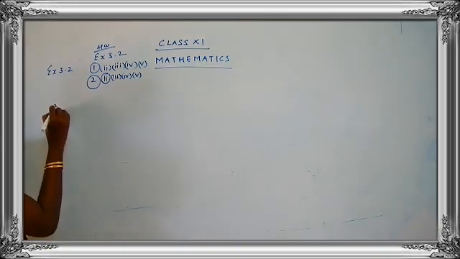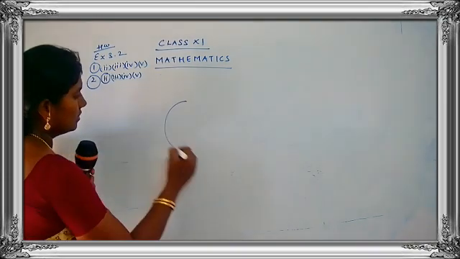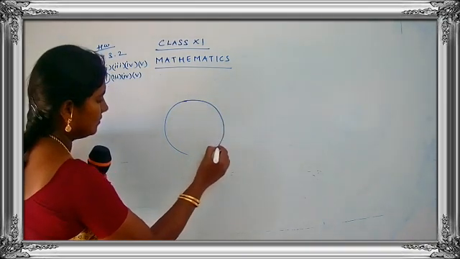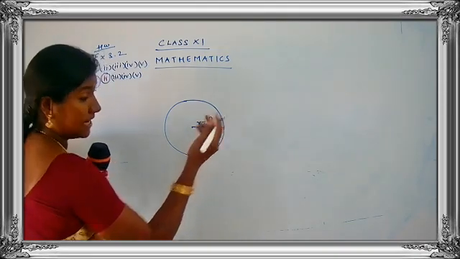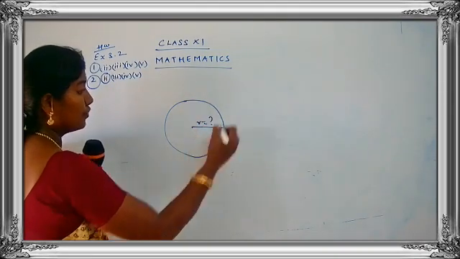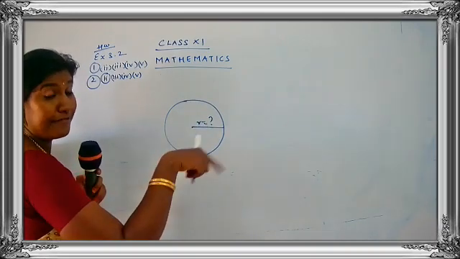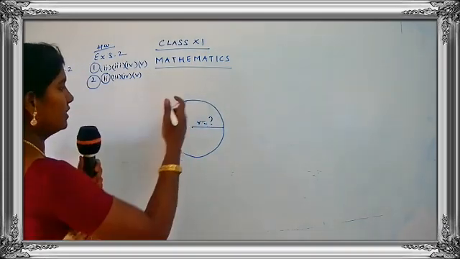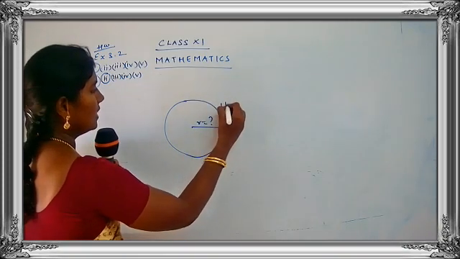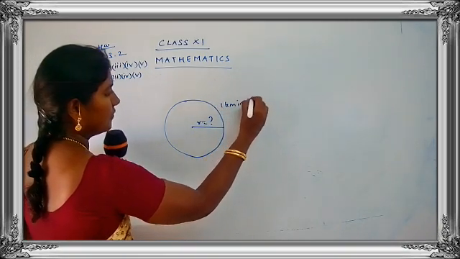Write down sum number 3. Draw the figure. The athlete is going to run along a circular pathway. I have to find out the radius. I don't know the radius. He is going to run 5 times and complete 1 kilometer. So just write down 1 kilometer in 5 rounds.